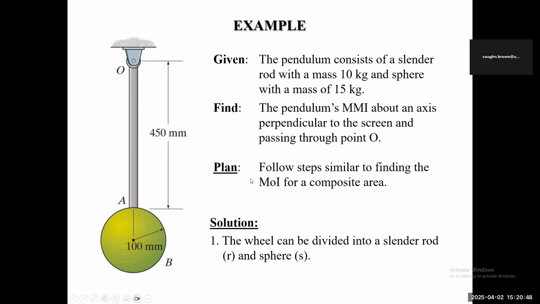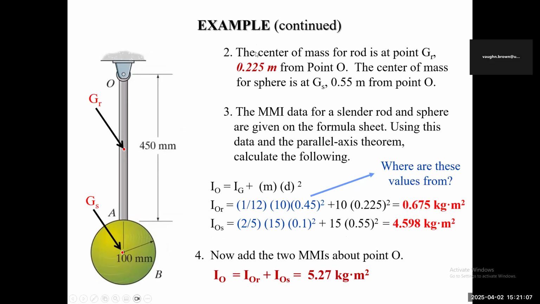All right, it says follow steps similar to finding the mass moment of inertia of composite shapes. So you separate it into what we know. This is a cylindrical rod, so you separate it into a cylinder, and you separate this into a sphere. So two things. The pendulum can be divided into the slender rod and the sphere. All right, let's look quickly at how this one is done. The center of mass of the rod is at point G, right?